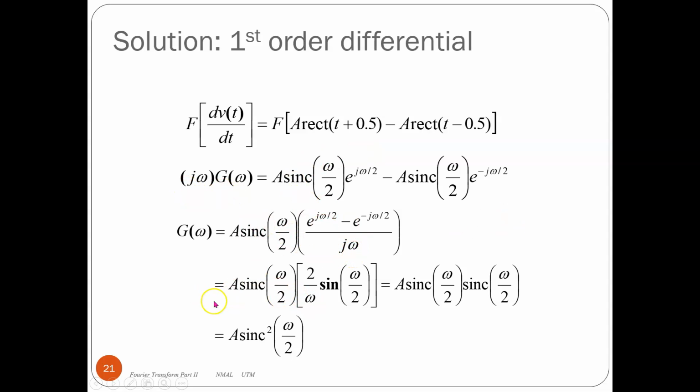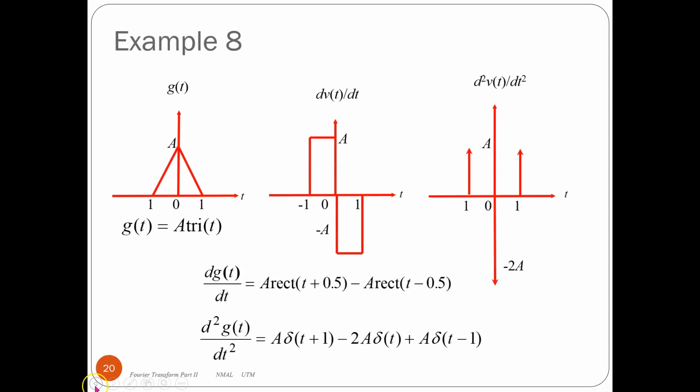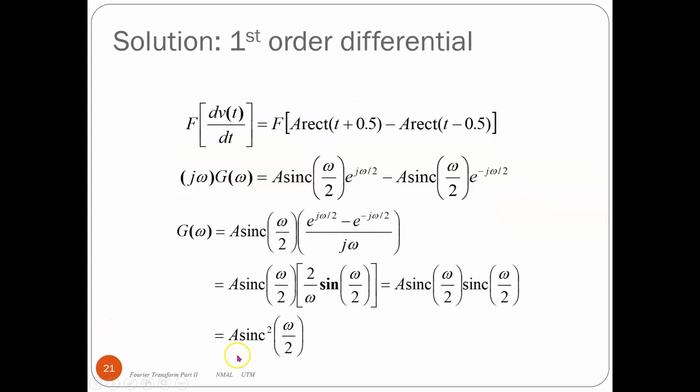You rearrange and solve so that it becomes in terms of the sinc function, and you get A sinc squared(omega over 2). If we refer back to the table to find G(omega) for the triangle, we also obtain the Fourier transform as A sinc squared(omega over 2).